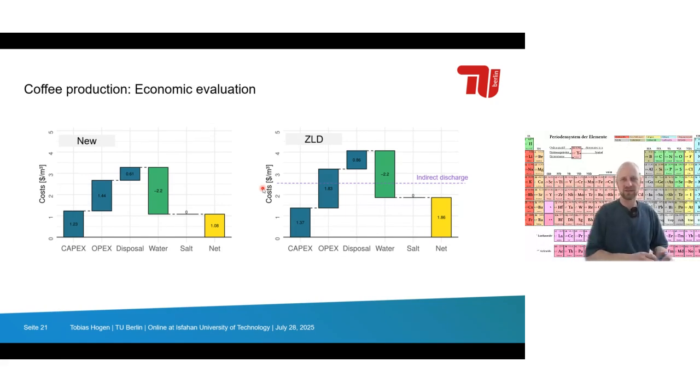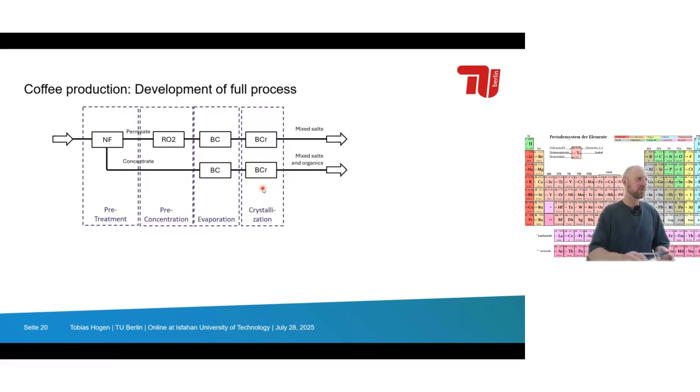So, of course, the question is now, why is this process better than a conventional ZLD? It's because the NF removes all the hardness formers or a big share of hardness formers and a big share of organic carbon or organic matter, so that the permeate can be put to an RO, which is much more efficient with respect to invest costs, also to energy, than this crystallization.